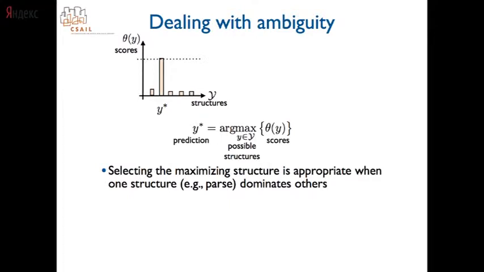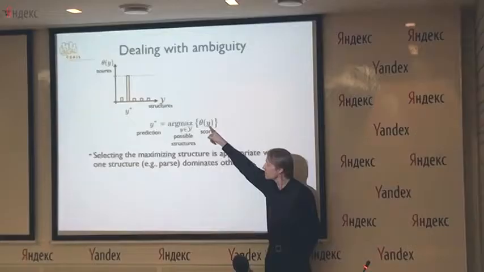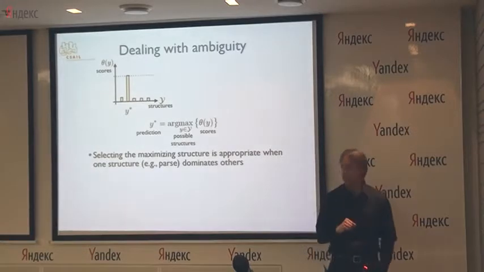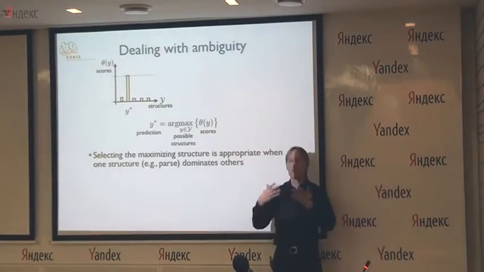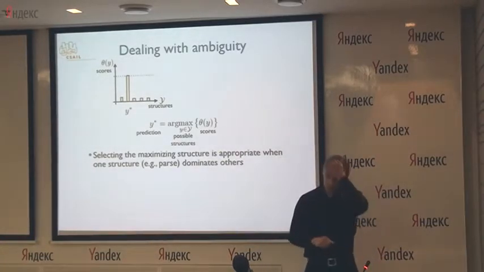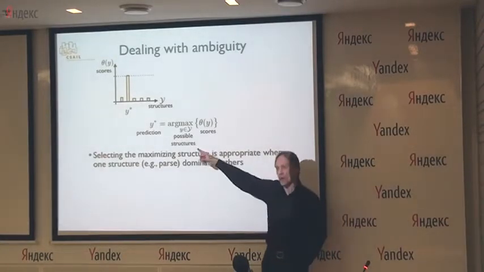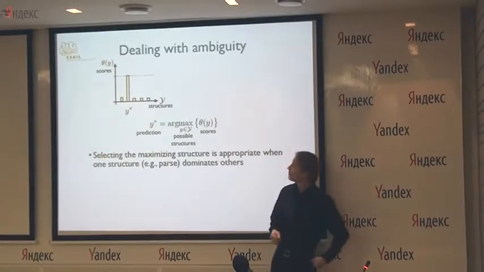So this is just a slightly more compact way of writing the problem before. We have a set of scores for each structure, and we find the highest scoring structure. So this Y could still be your parse tree, as we talked about before. So the method that I suggested before just finds the highest scoring tree as the prediction. All right?